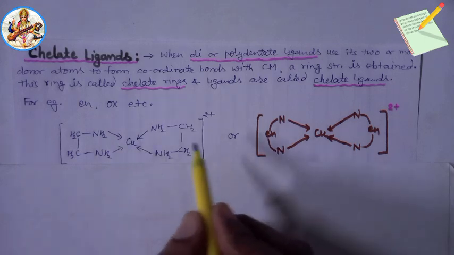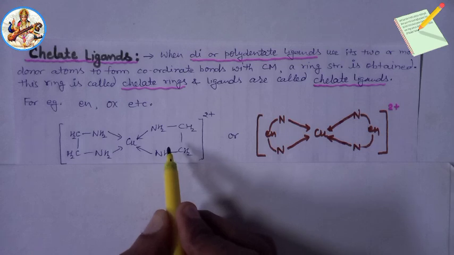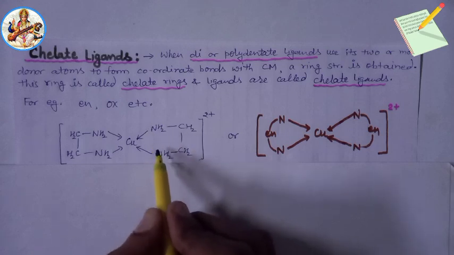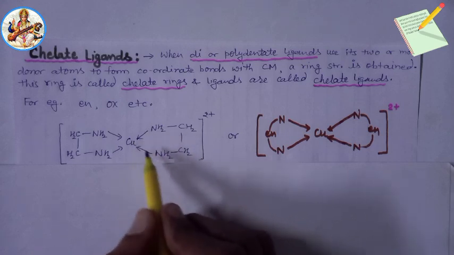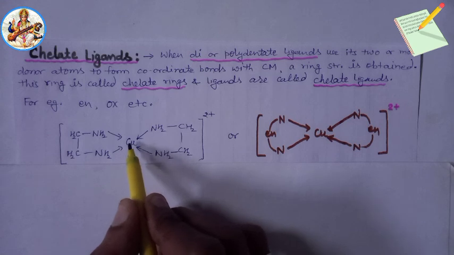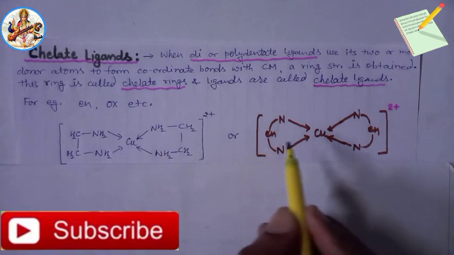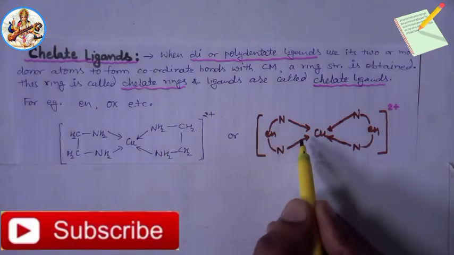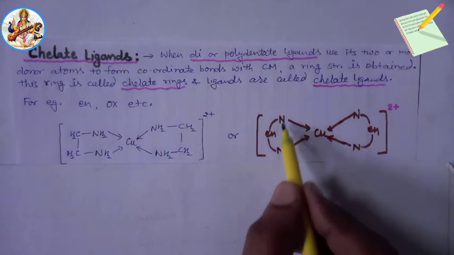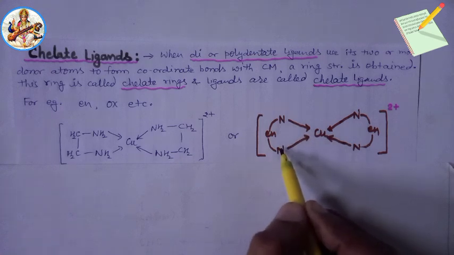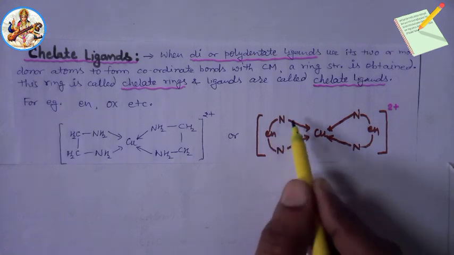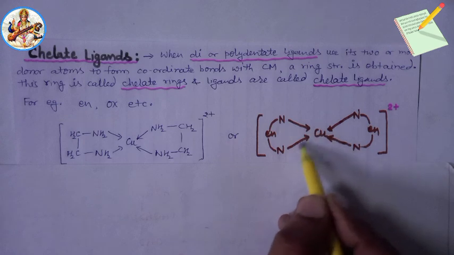We know that in en, ethylene diamine, two nitrogen atoms donate a lone pair of electrons to the central metal. In this way, we can write the structure of the complex ion. In en, the ligand attaches by donating lone pairs of electrons, meaning dative bonds.